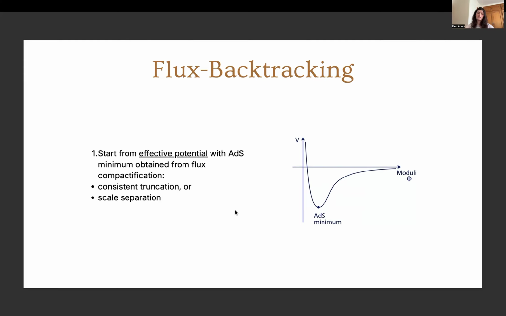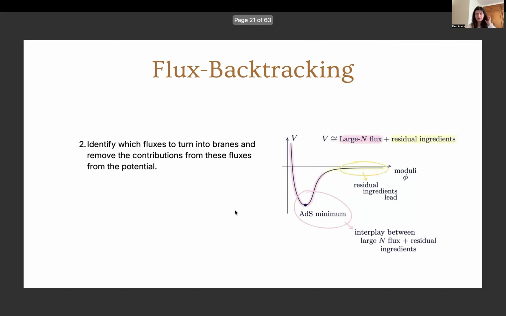But often there's also some kind of consistent truncation, so that talking about a lower-dimensional potential makes sense. Then we have a closer look at this potential and at which things are contributing to the potential, and we try to separate these into 2 classes.